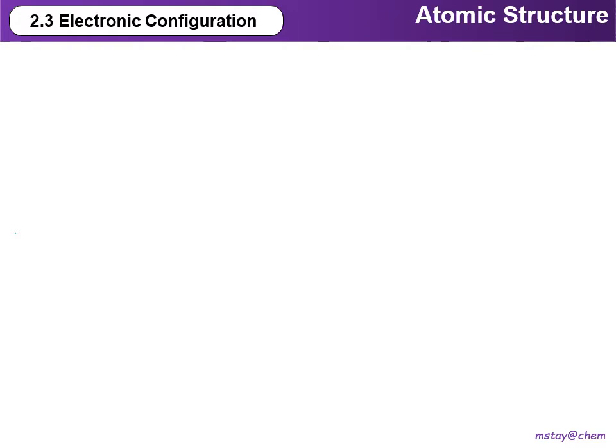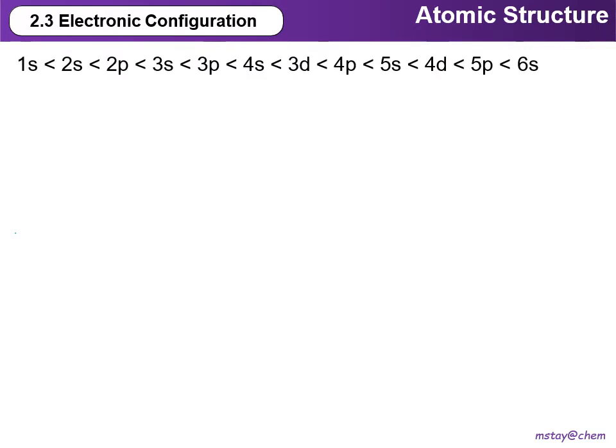Based on the previous slide, we can arrange the orbitals in a proper way based on energy. 1s has the lowest energy, followed by 2s, 2p, 3s, 3p, and then 4s, then only 3d.